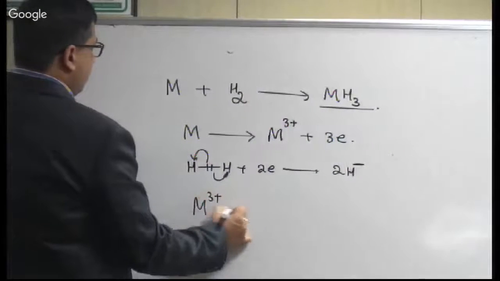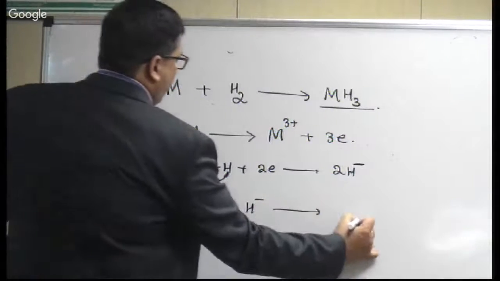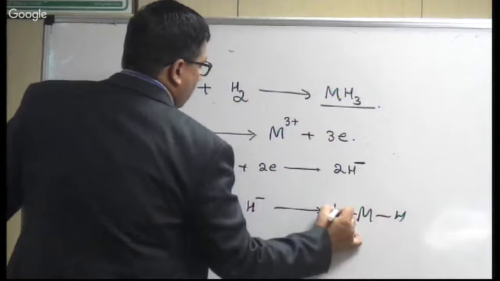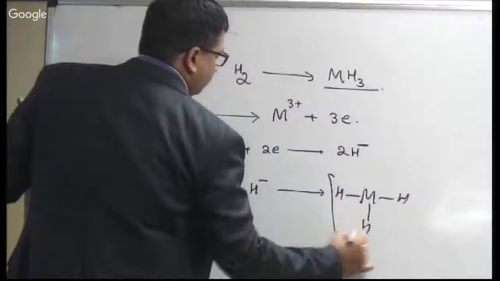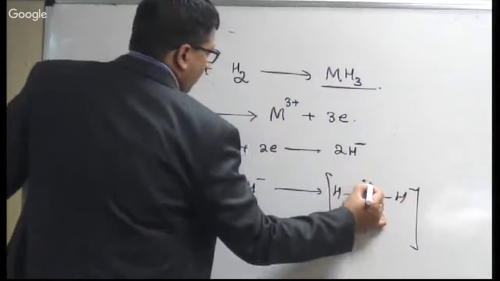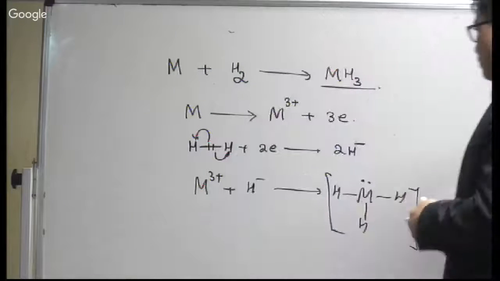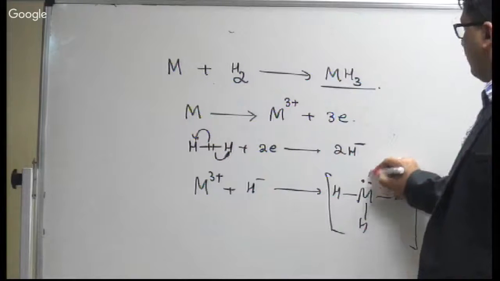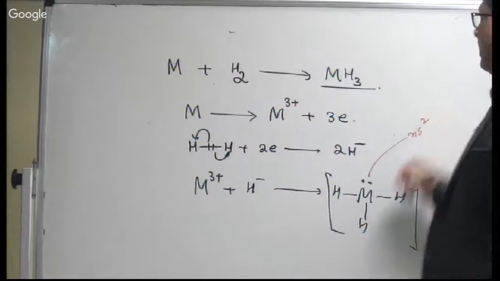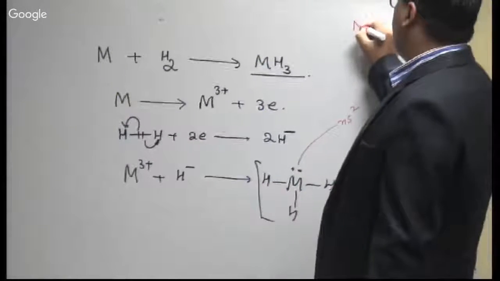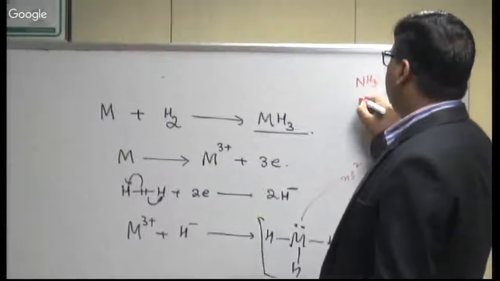This M3 plus and H minus form a bond of MH3, having one lone pair. These lone pairs are from ns2. So nitrogen forms NH3, phosphorus PH3.